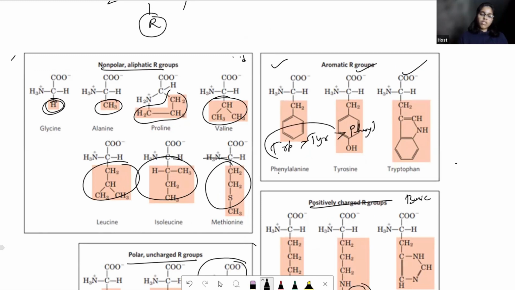These two will absorb radiation at 280 nanometer. This one will absorb at 257 nanometer. Usually, if a protein contains these amino acids, we determine the protein concentration using the absorbance value of these amino acids.